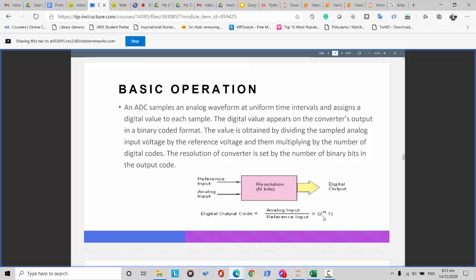For example, if we have 4 bits, it's multiplied by 2 raised to 4 minus 1. That will be the formula. So the resolution of the converter is set by the number of binary bits in the output code.